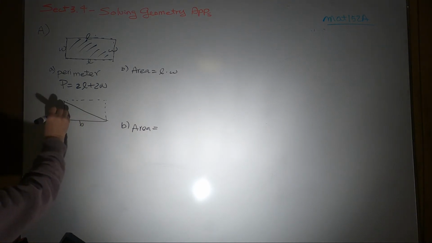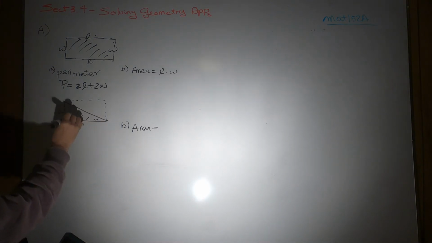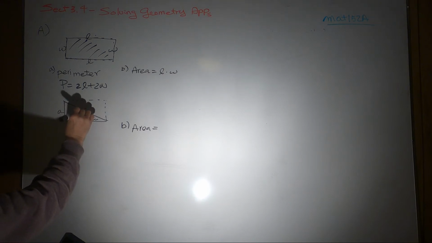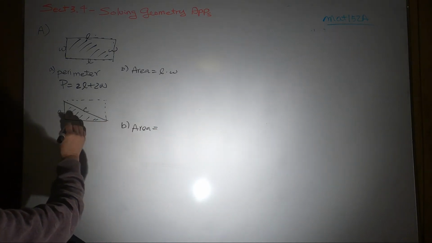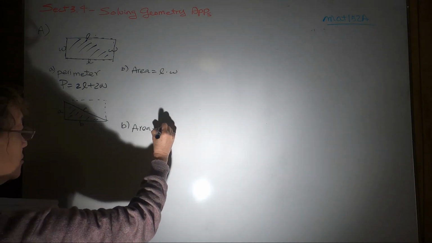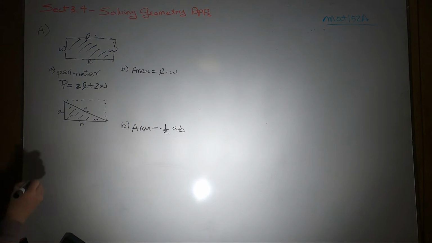If I have 3 sides for this shape, A, B, and this side we call C, then the area would be half of the base times height, half of AB.